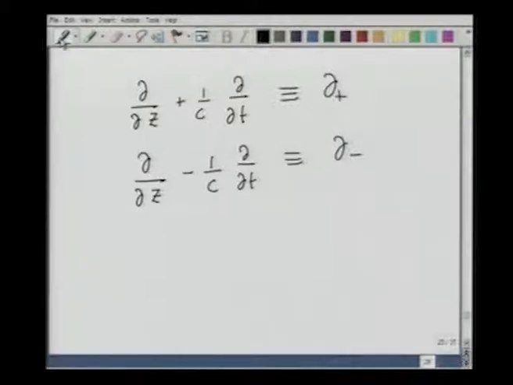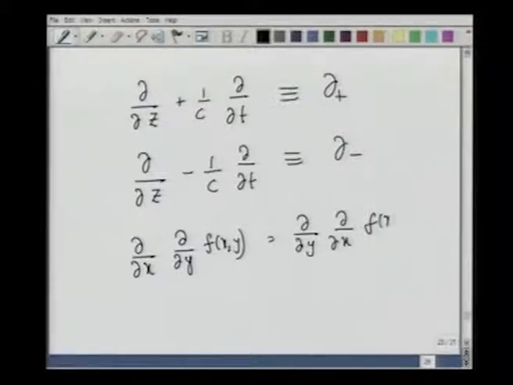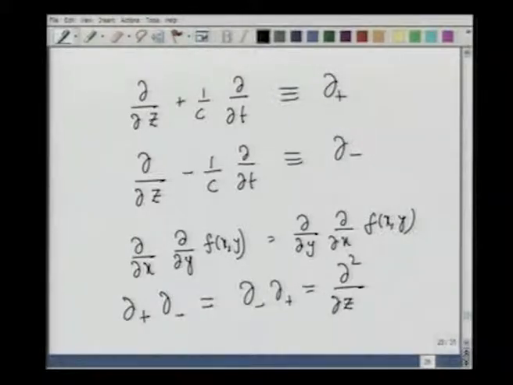For any function, remember, del by del x into del by del y f of x y is equal to del by del y del by del x f of x y, so long as f is continuous and differentiable at that point. So, if you remember that, and if you multiply, you will find del plus del minus is equal to del minus del plus is equal to del squared by del z squared minus 1 by c squared del squared by del t squared as a differential operator.